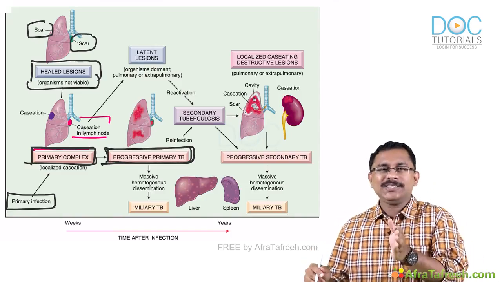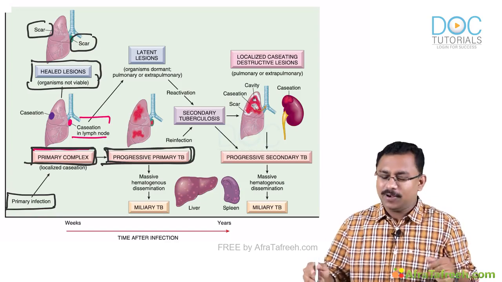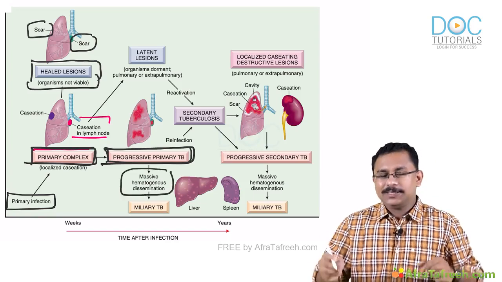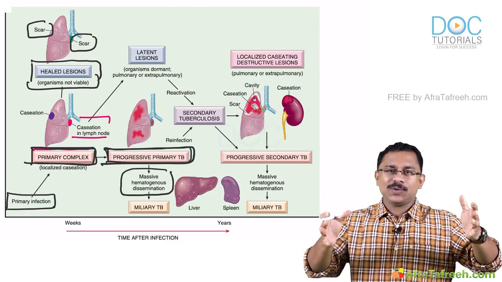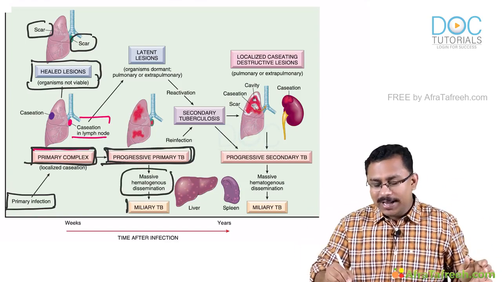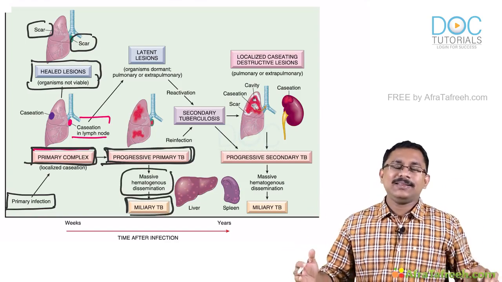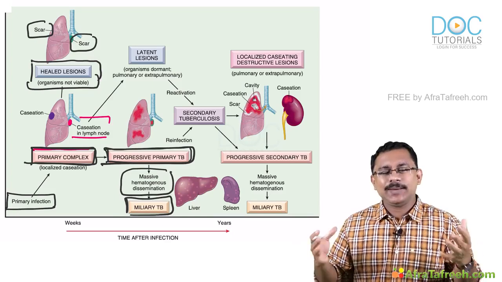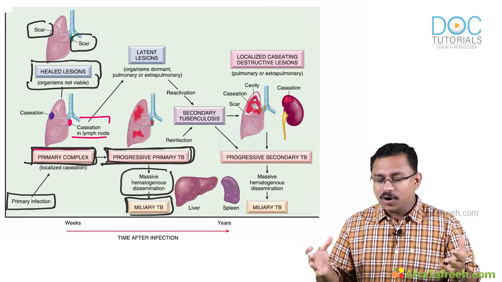Now some individuals, if the immunity is significantly compromised, from this primary TB which has progressed, you may also have a miliary TB developing. There is a hematogenous dissemination happening and multiple organs are involved.